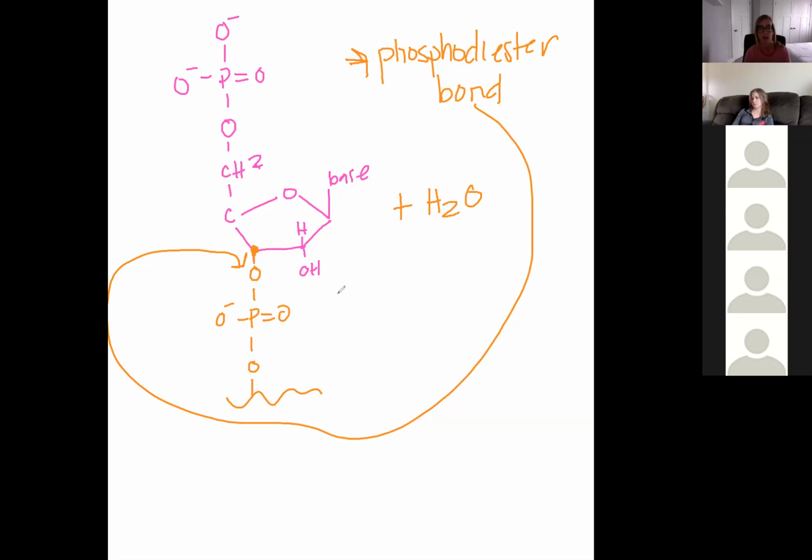So I would just draw it like this, and I think that would be totally acceptable. I think it becomes redundant. You already drew it 3 times on the previous question. Now we need to write out an example of a condensation reaction between a nucleic acid base and sugar. Okay, any questions on phosphodiester bonds?